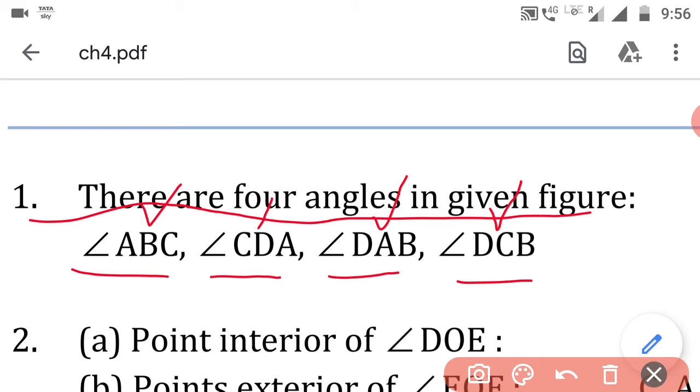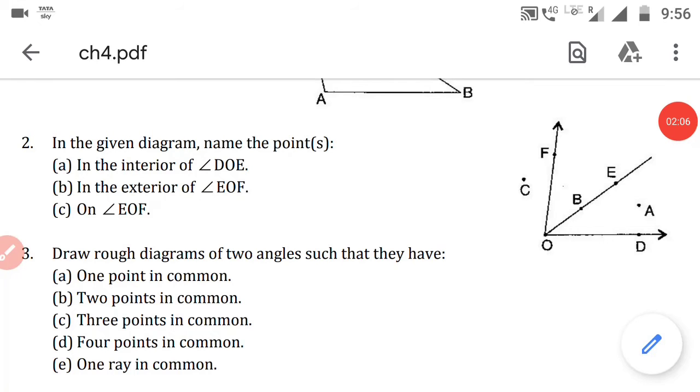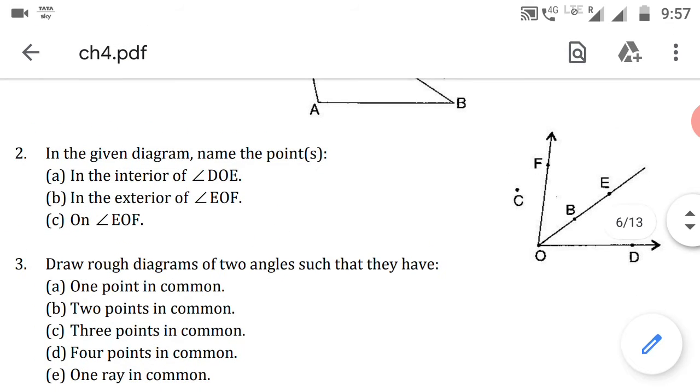Okay, now come to the next question, question number 2. In the given diagram, name the points: A, in the interior of angle DOE, means the interior angle.